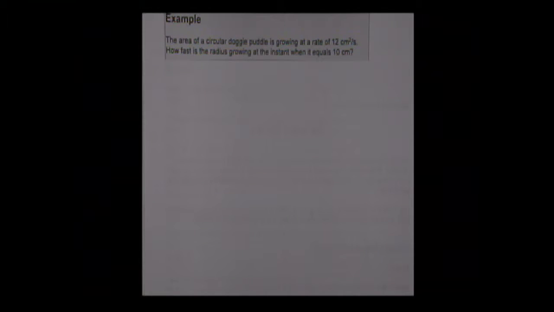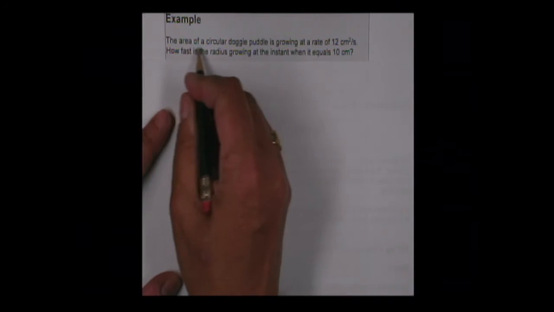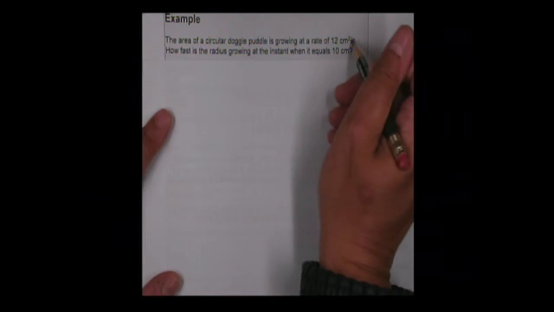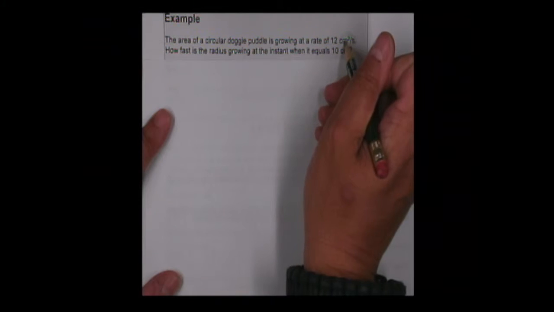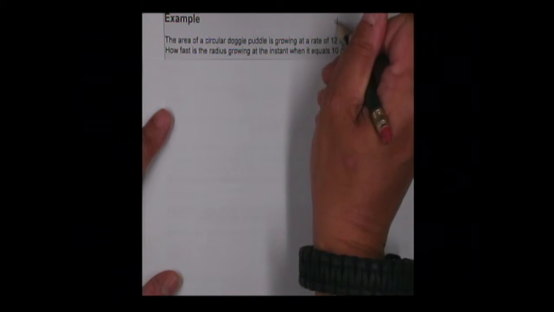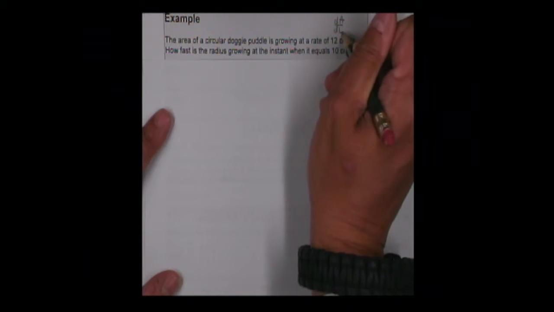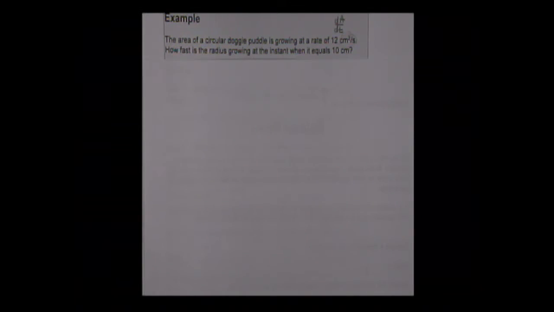And so, again, I could draw a picture, probably not going to be terribly helpful here, but we could. What I tend to do is look at the numbers that they gave me in the problem, and I look to see what it is they're looking for me to give. So, looking at the first sentence, the area is growing at a rate of 12 square centimeters per second. The wording and the units tell me that this has to be dA/dt. It's the change in the area with respect to time.